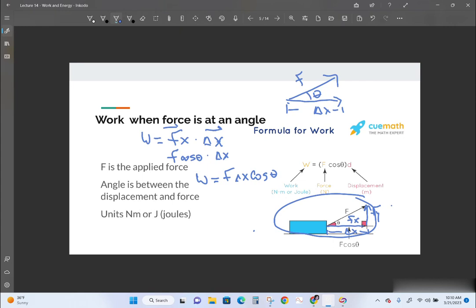So in order for the maximum amount of work to occur, maximum work would occur if theta is 0 degrees. That means that there's no angle between them, where they're completely entirely parallel.